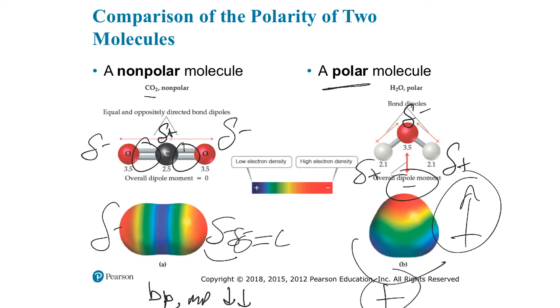Another way I like to think of this is if you were to have a molecule of CO2 in the middle of 2 plates. So let me erase this. If I put a positive charge over here and a negative charge over here, where's the molecule going? Is it going to fly towards the positive charge or the negative charge?